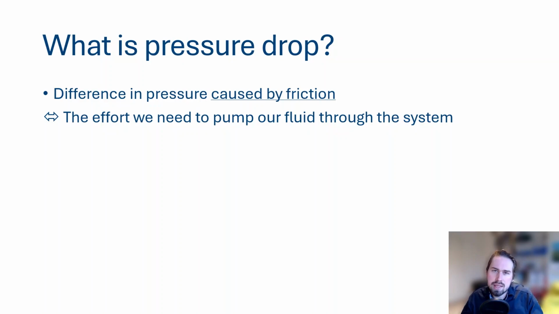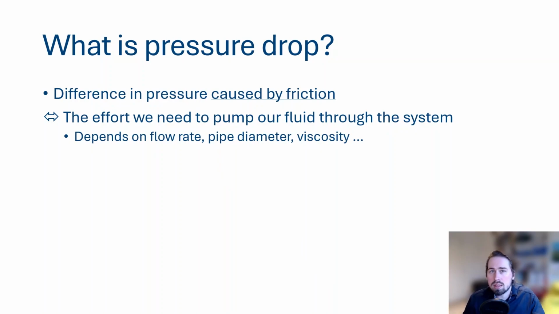So if we translate this to more easy to use language, you can say that the pressure drop is the effort we need in order to pump our fluid through the system. So this of course relates to the flow rate. If we want to have more fluid passing through a borefield, we need more effort because we need to overcome this higher pressure drop.